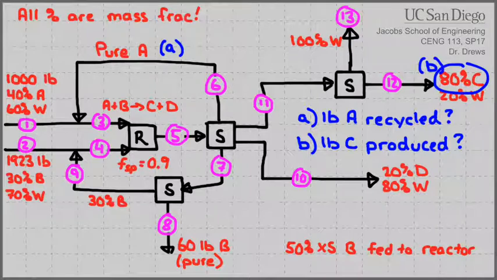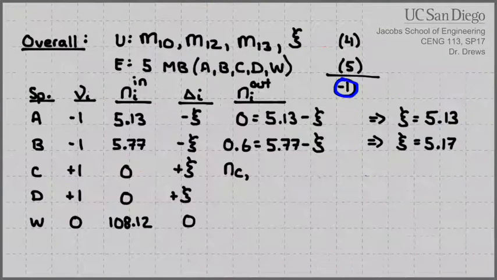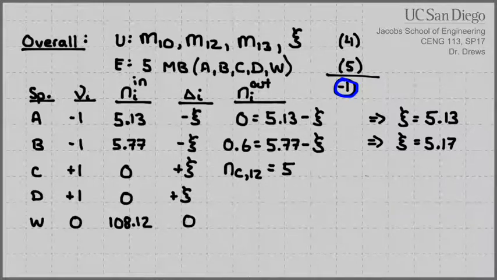That's the only place C is coming out, so that is stream 12. So the moles of C in stream 12 are equal to the moles coming in, which is 0 plus squiggle, and squiggle is 5.13. I'm going to go with 5.13, 5.17 is fine as well, but we do have to pick one.